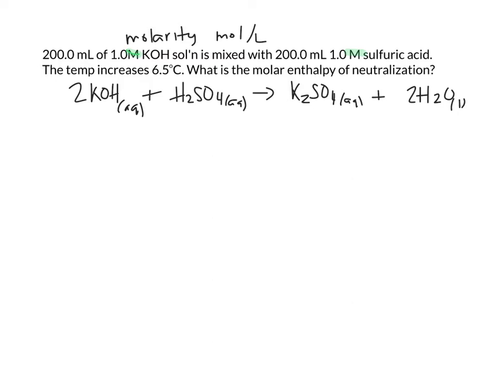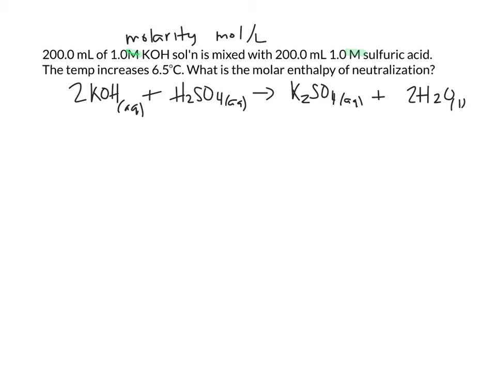So the symbol for it is big M instead of writing mol over L. Alright, so we have 200 milliliters of both solutions. The concentration is the same. The temperature increases 6.5 degrees Celsius. What's the molar enthalpy of neutralization?